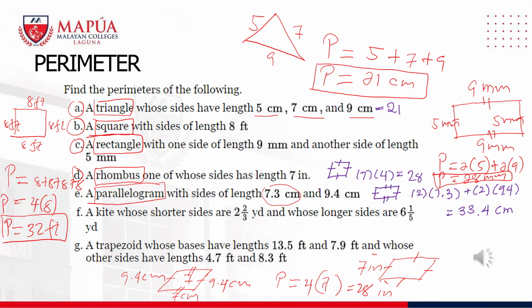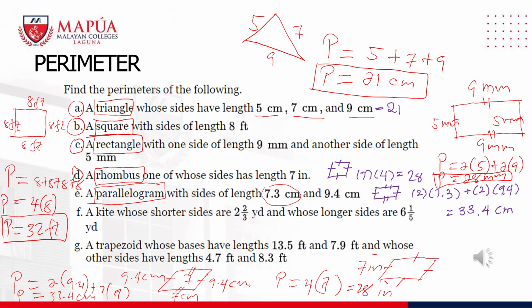So again, the perimeter of the parallelogram is just the sum of all these sides. So we have 2 times 9.4 plus 2 times 7, which gives us P equal to 33.4 centimeter.